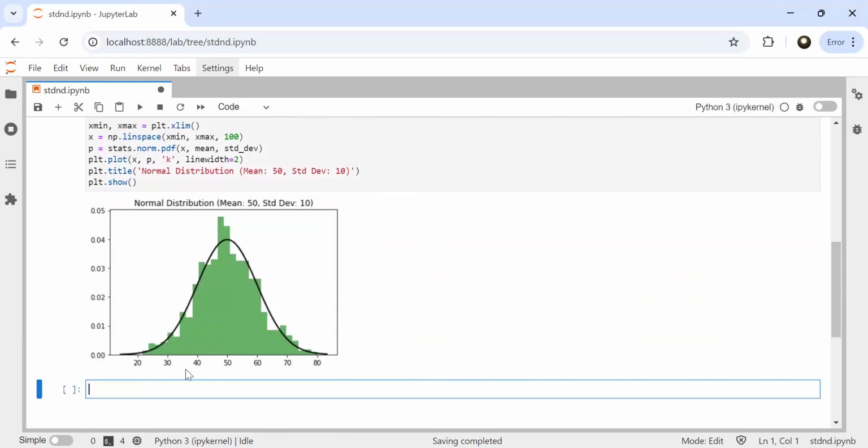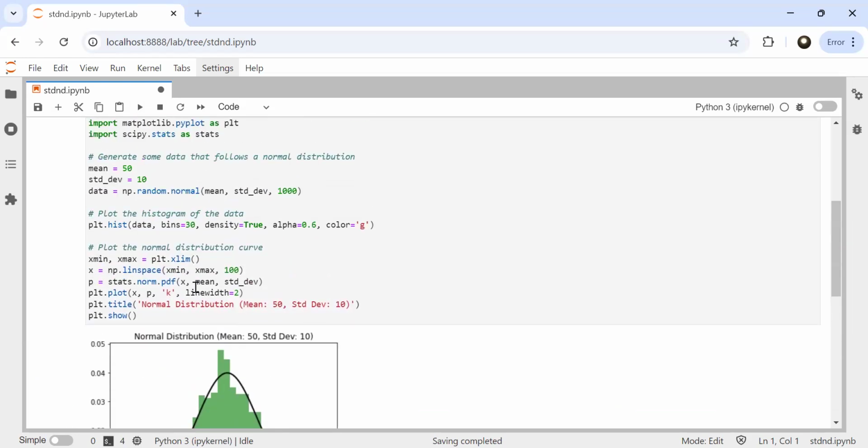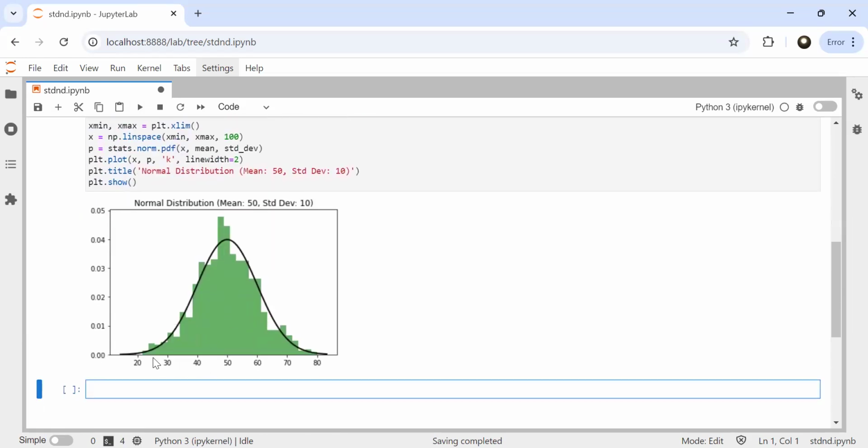Here the mean is 50 and the standard deviation is 10. You can see the normal curve formed at the mean 50. This kind of graph is called a normal distribution.